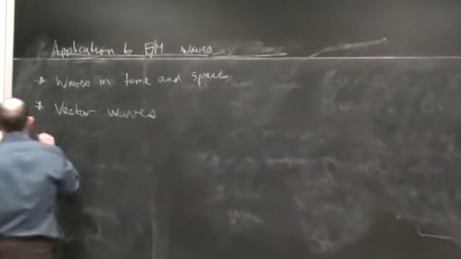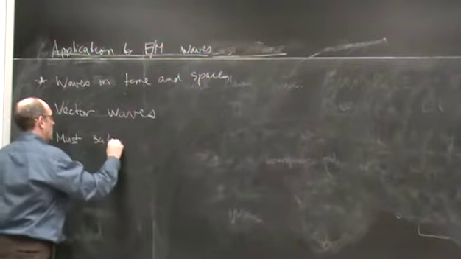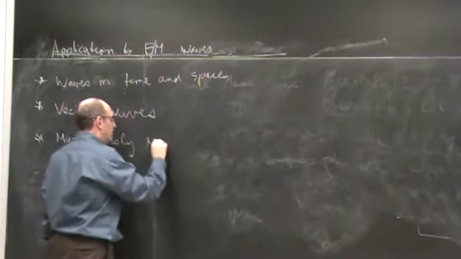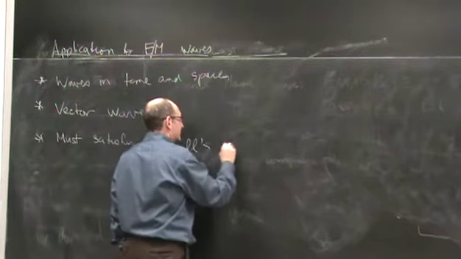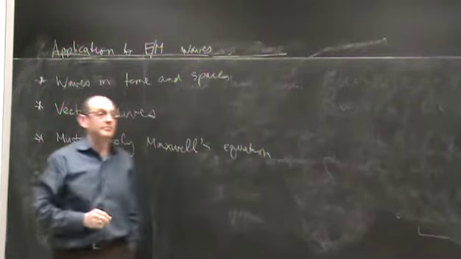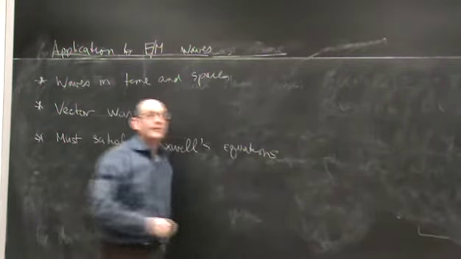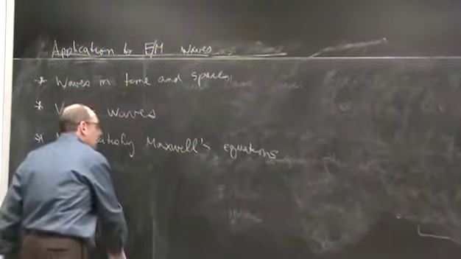We must satisfy Maxwell's equations. Maxwell must be satisfied. You cannot deny Maxwell. Even plural. All of them must be satisfied. And yeah, well, that's kind of it. So, how can we do that?